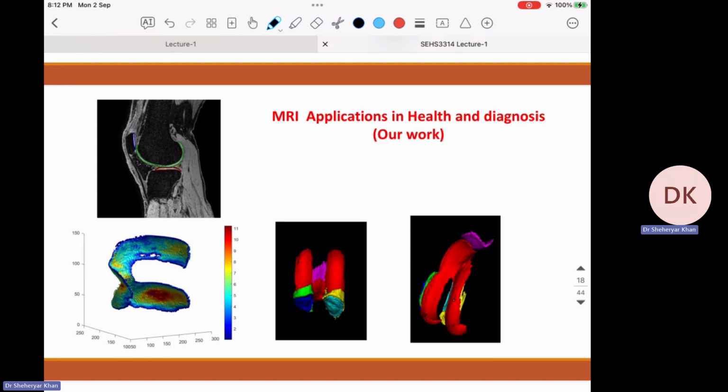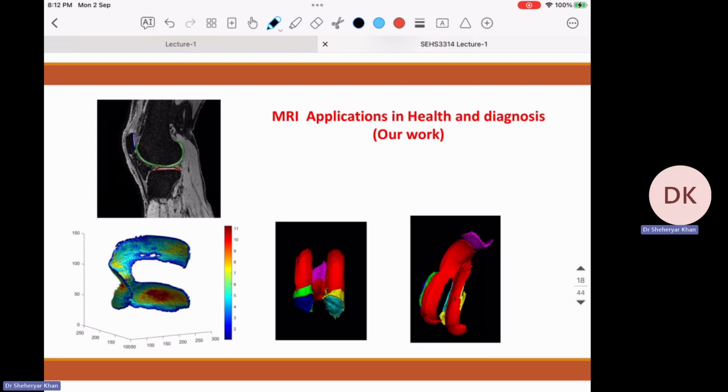So we try to segment those small tissues from the human knee MRI, and then we use machine learning, specifically deep learning based algorithms, to do the segmentation, and then we can see how the human knee cartilage looks, right? So the main idea is to have the 3D representation of those tissues and see where there is damage, right?